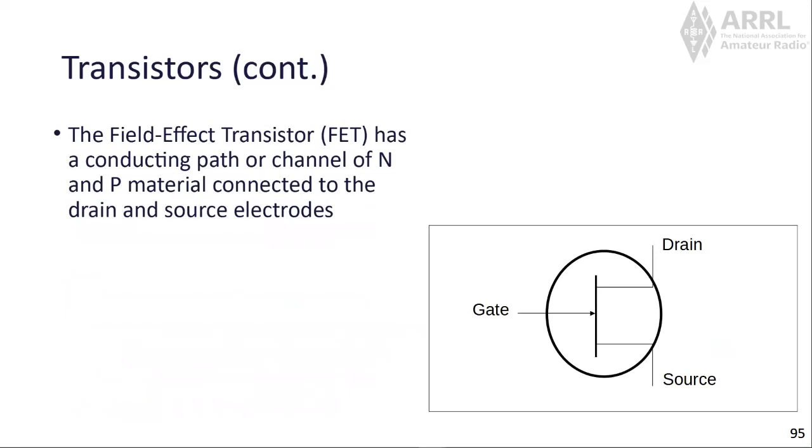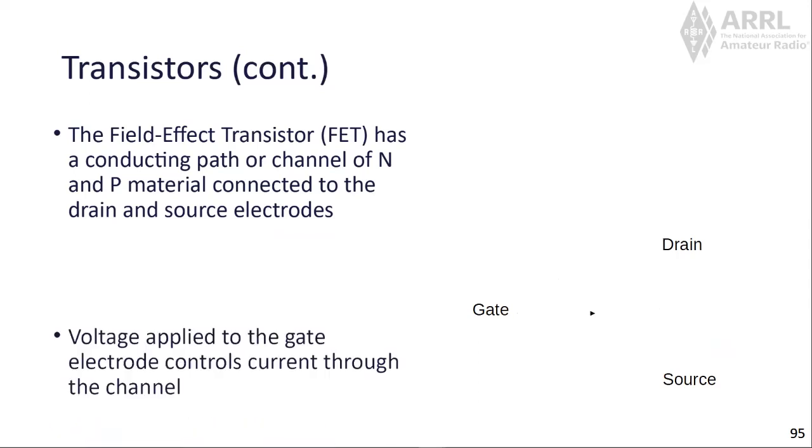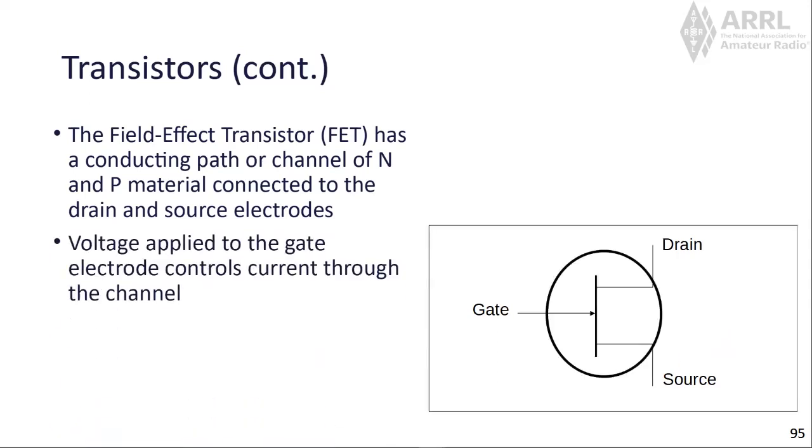The field effect transistor has a conducting path or channel of N and P material connected to the drain and the source electrodes. Voltage applied at the gate controls current through the channel. So it's the voltage present at the gate that controls the current flow between the drain and the source.